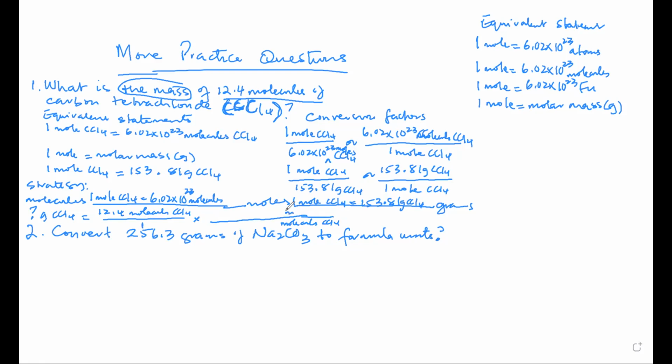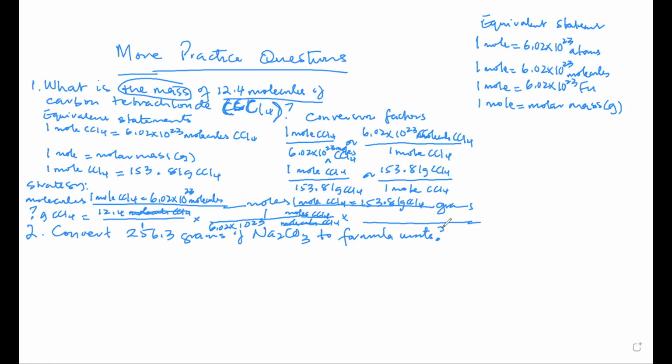This will be mole, so carbon tetrachloride. So we look here, mole is 1, 6.02 times 10 to 23 molecules. Squeezed in together, so this and this will cross out.